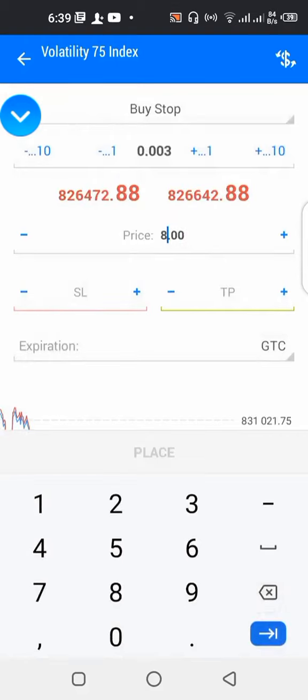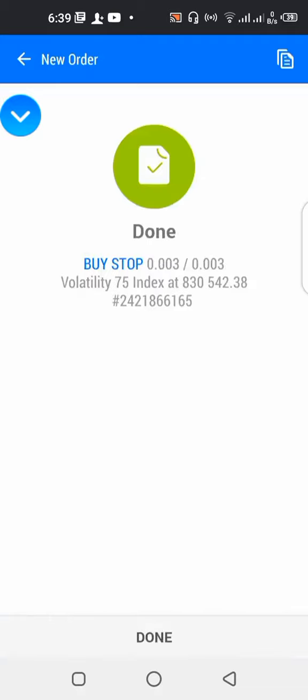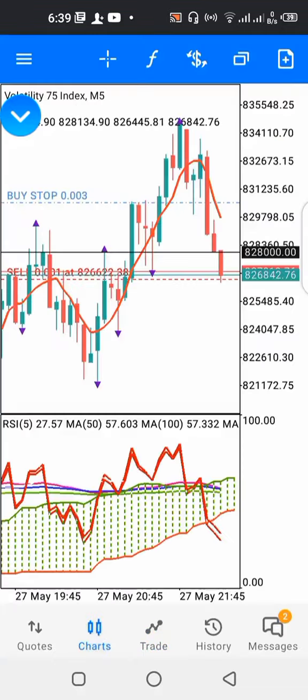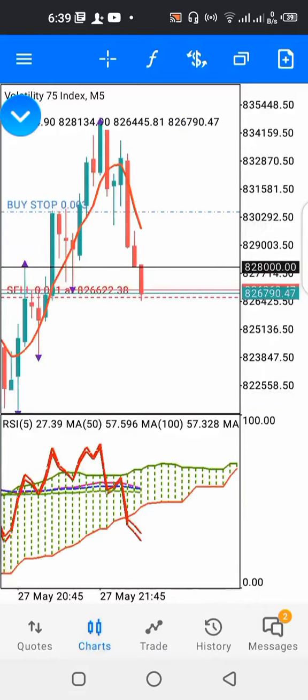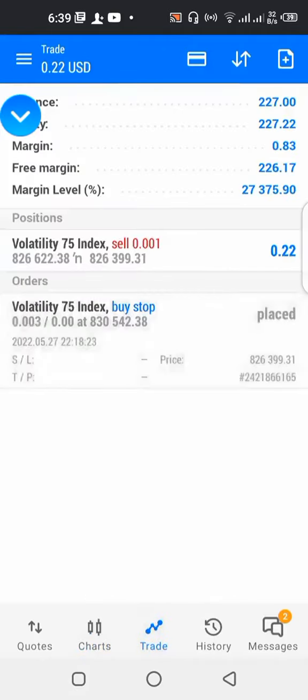So my pending order will be 0.003. And the hedge spacing will be 3,920 points. So what I just did is place a sell trade and place a buy stop, which is my pending order for the sell trade.